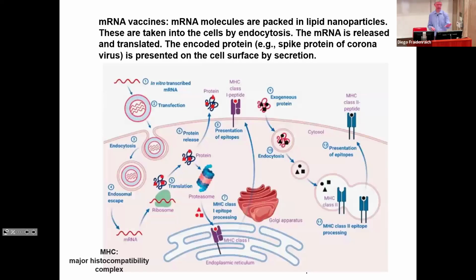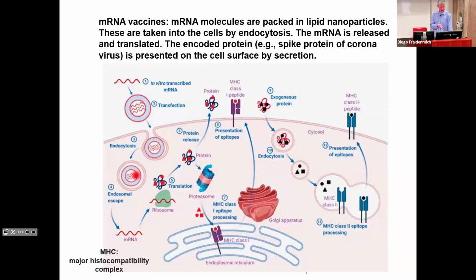I just put in this slide here what I guess many of you have used, the mRNA vaccine from the COVID time. Lipid particles, liposomes, packed with the mRNAs would fuse with the plasma membrane.